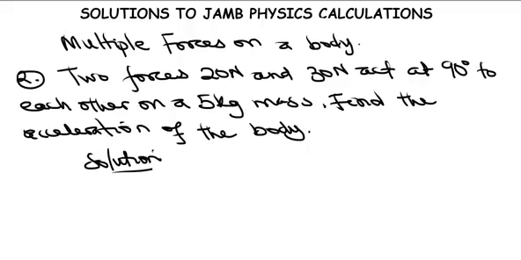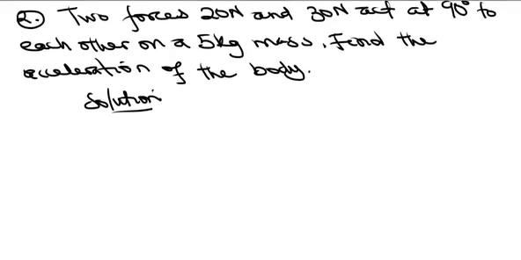Two forces are acting at 90 degrees and the magnitudes are 20 Newton and 30 Newton. So you have two forces acting at 90 degrees, and the first force is 20 Newton while the second is 30 Newton at 90 degrees.